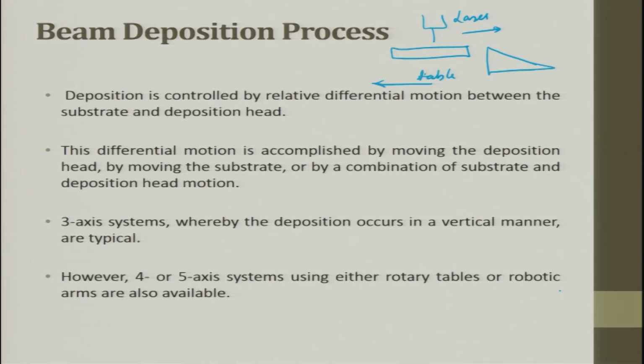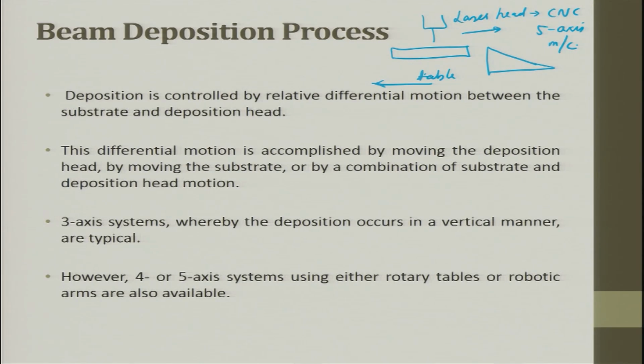So what I am trying to say is, you can also try to have multiple shapes, free-form shapes, by deciding the movement alone. And today the technology has gone so high, the laser head is attached with a CNC 5-axis machine.